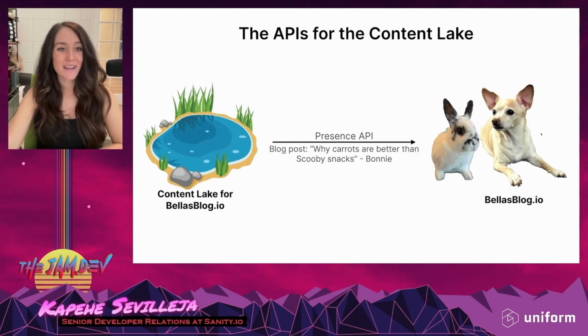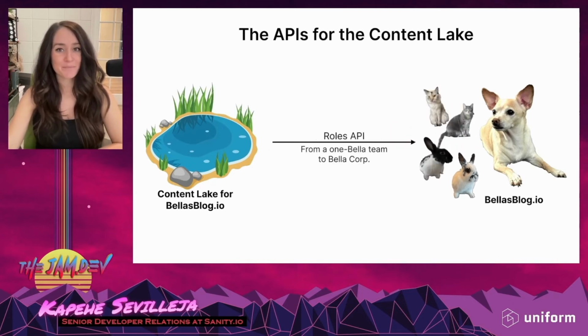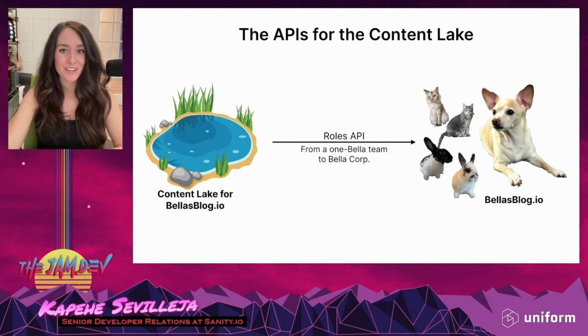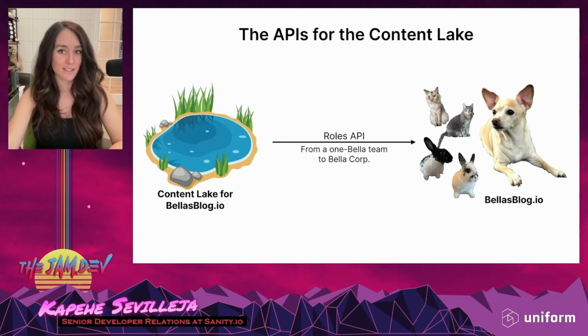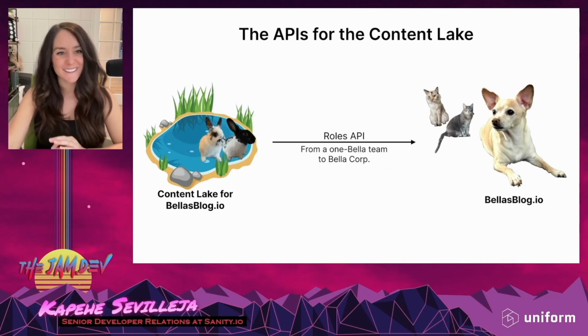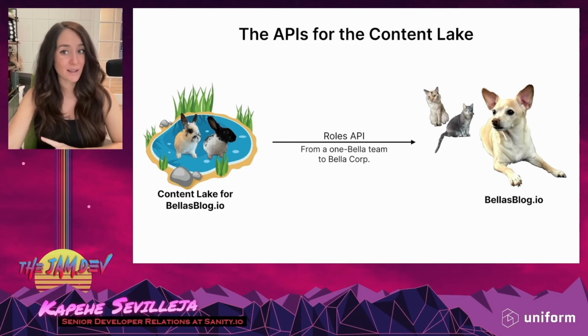And then we have the Roles API. Bella went from one Bella team to Bella Corp, and now she has all these content creators, editors, developers under her, and she needs to make sure that only certain people have access to the content lake. That's where the Roles API comes in. Bella doesn't trust cats quite yet, so she hasn't given full access to them, but Bonnie and Clyde, the bunnies, have access.